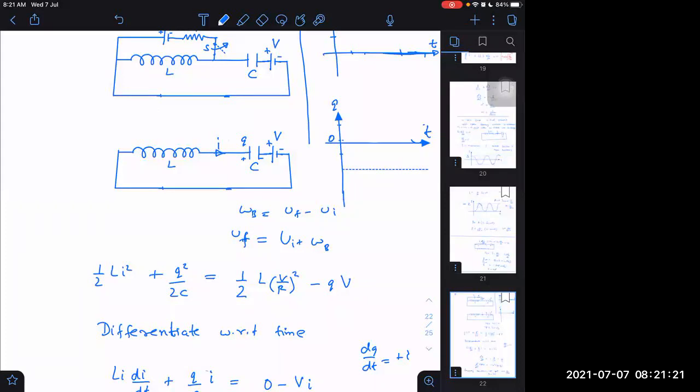Where is the equilibrium position? Equilibrium position is when Q is equal to minus CV. What is the extreme position? Extreme position will be when I is 0. I have still not found the extreme position. Let us find the extreme position. Make I 0. If I make I 0, what is the value of Q coming out to be?